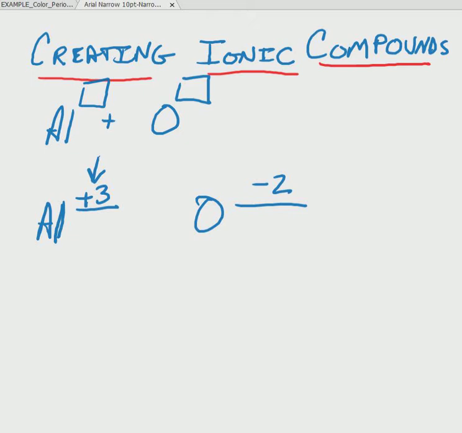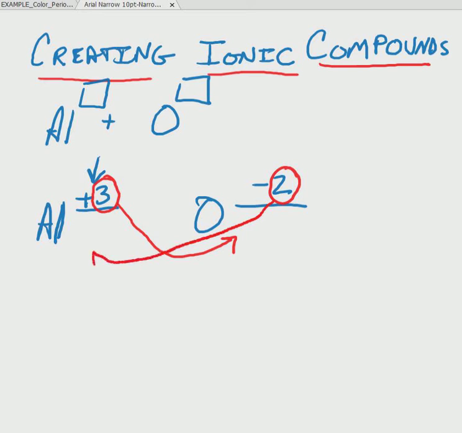For the basic stuff, we take our number, we ignore the positive sign, and we take our number over in oxygen and ignore the negative sign. So we take these superscripts, the numbers that are above, and we crisscross them, and we put them down as subscripts.